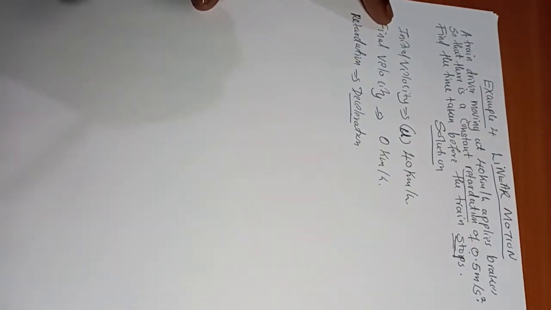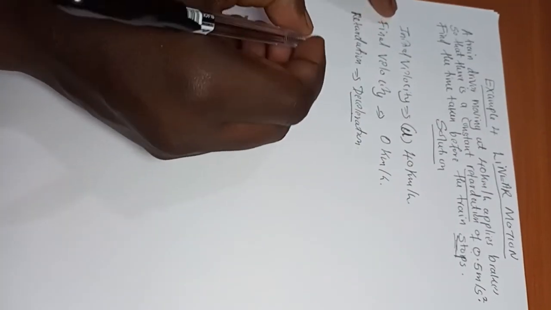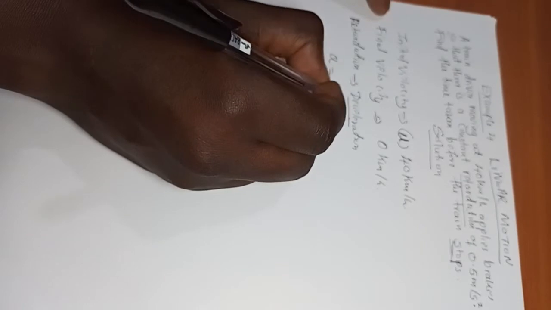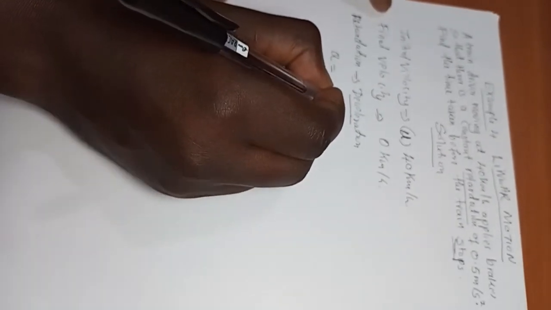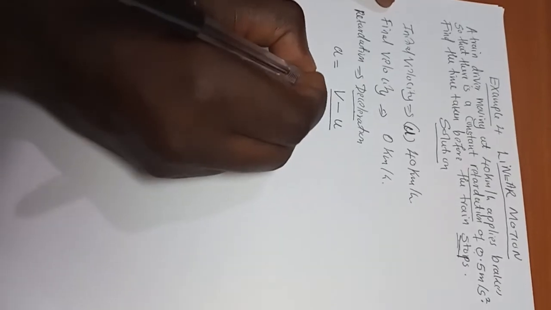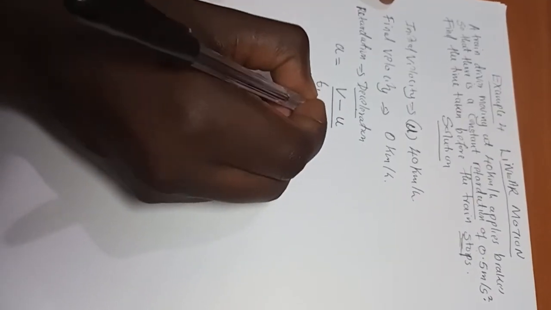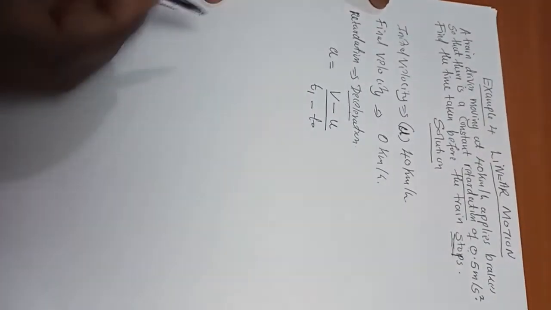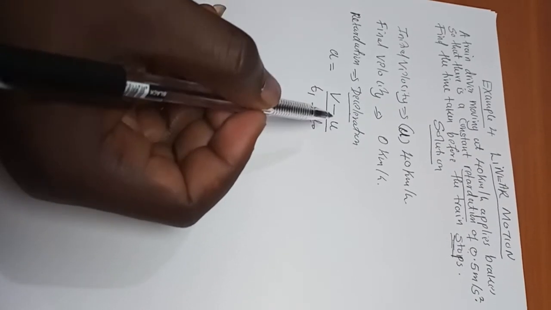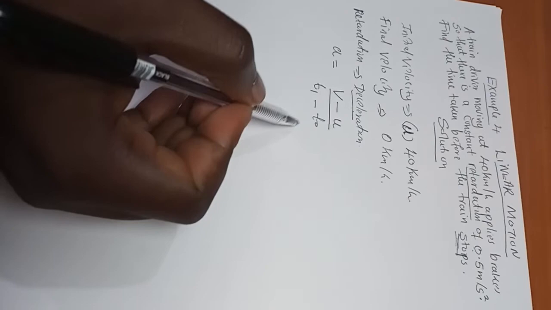We are being told to find the time taken before the train stops. From the previous video, we learned how to find acceleration. Acceleration a was equal to v, the final velocity, minus u, the initial velocity, over t1 minus t0, where t1 was the final time and t0 was the initial time.